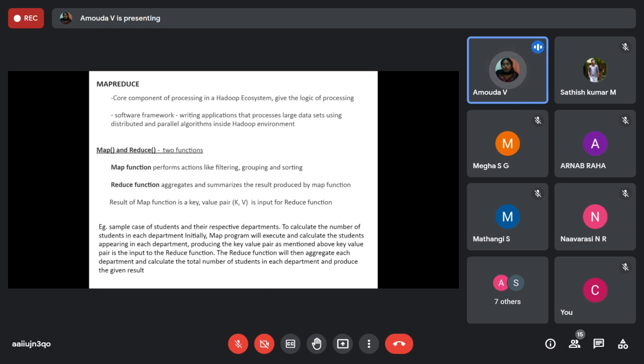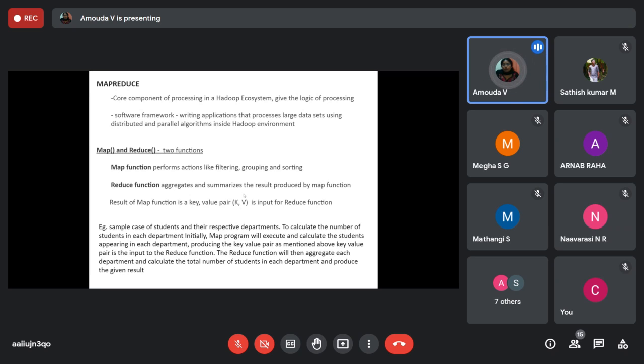I have given that example here. I'll show you. Here you can see that the map function is used to filter, group, and sort. The reduce function aggregates and summarizes the result produced by the map with the use of key and value, k comma v.